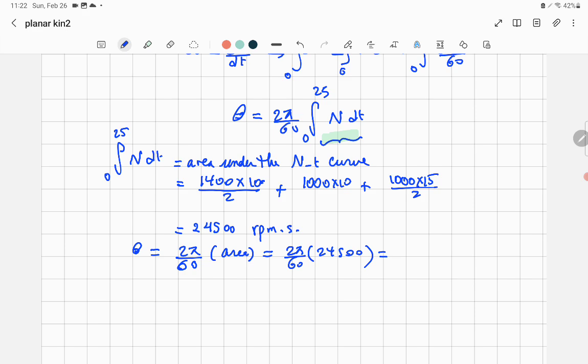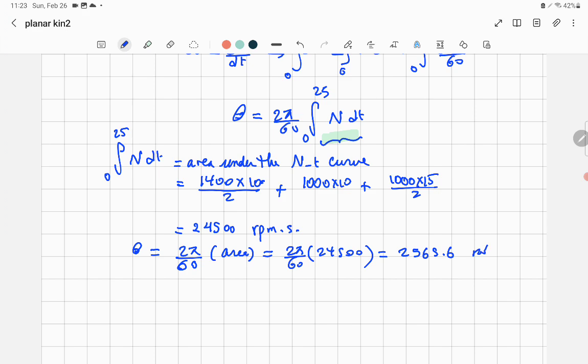Let me calculate this and see what we get. I have 2 times pi times 24500 divided by 60. That gives 2565.6 radians.